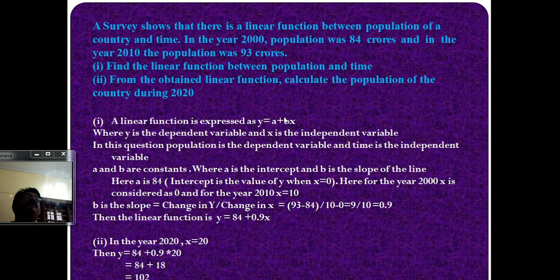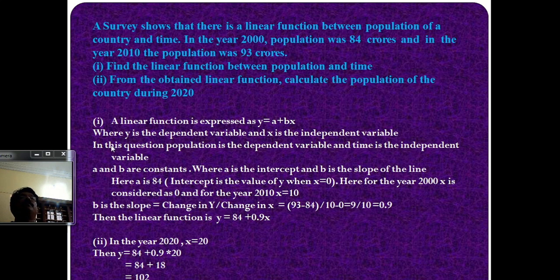So the slope of the straight line is measured in terms of change in the dependent variable to the change in the independent variable. Okay, so it is very clear. These two constants, a and b, are very important. A is the value of y when x is equal to 0. B is the slope of the straight line which is measured in terms of change in y to change in x.